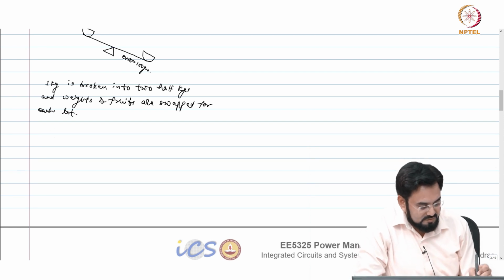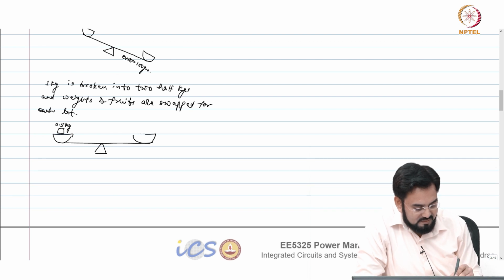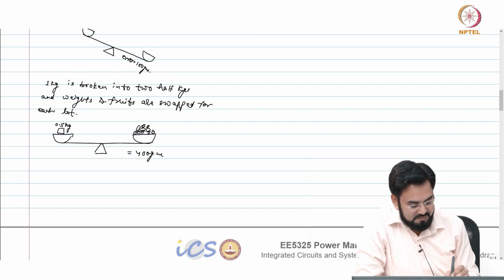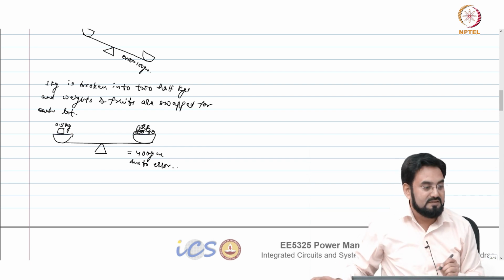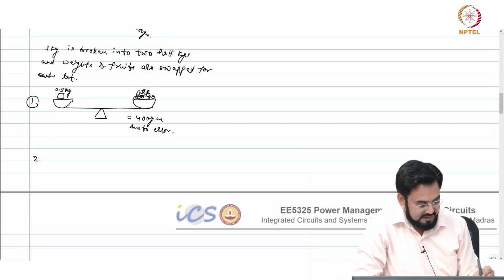Okay, so this is your 0.5 kg weight, and then you have your fruits. So what you get here, it will give me 400 gram due to error, correct. So for the second part, you just do this.